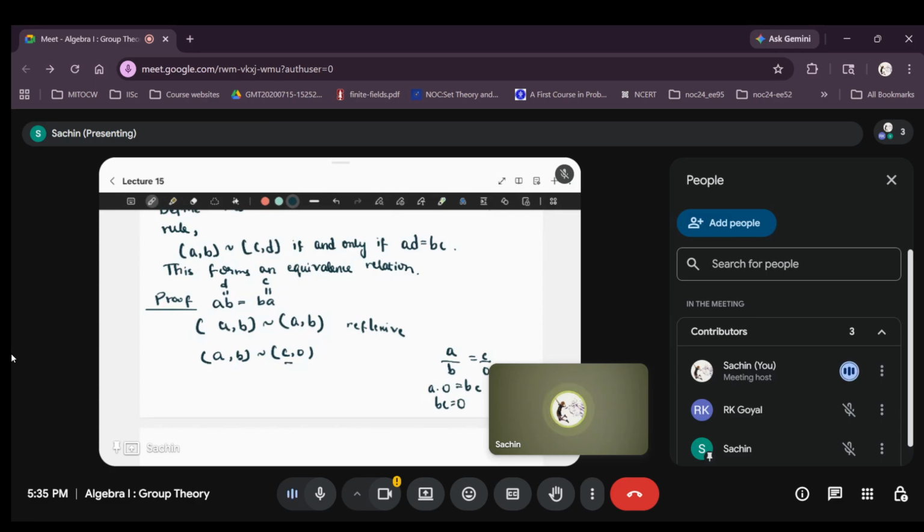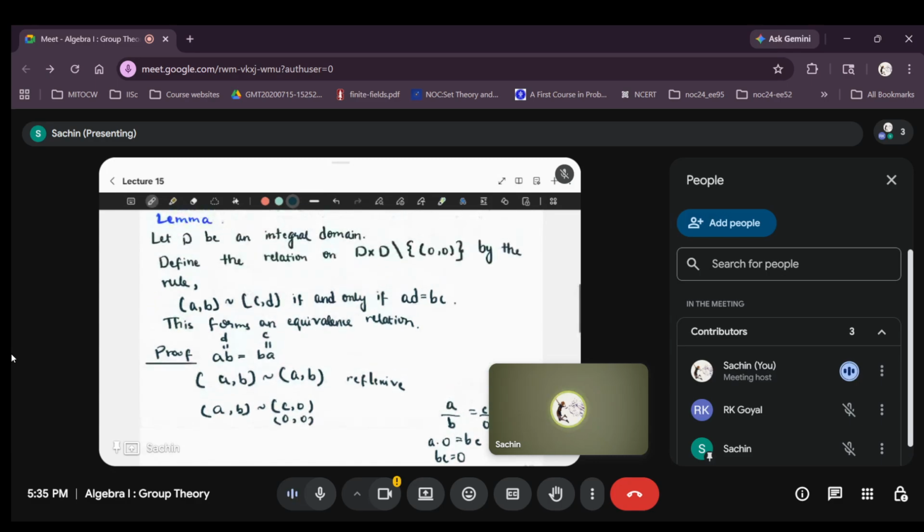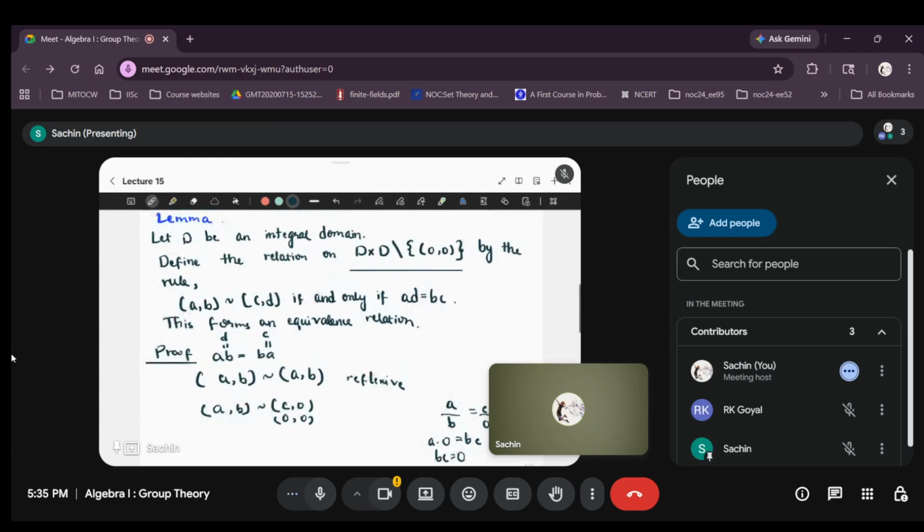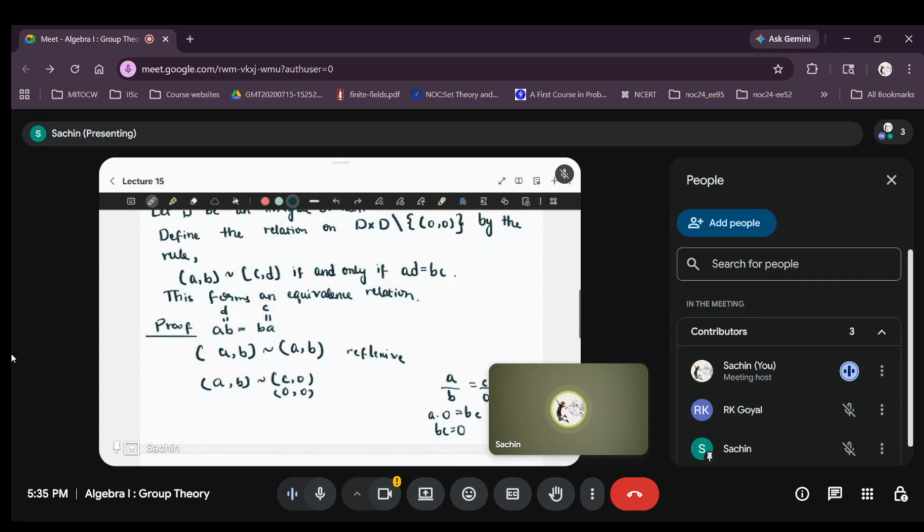But I'm saying this is C comma 0 where C is non-zero, because 0 comma 0 is not allowed. We have excluded 0 comma 0 here. So if one of them is 0, the other must be non-zero. So C is not 0. But since it is an integral domain, B must be equal to 0.